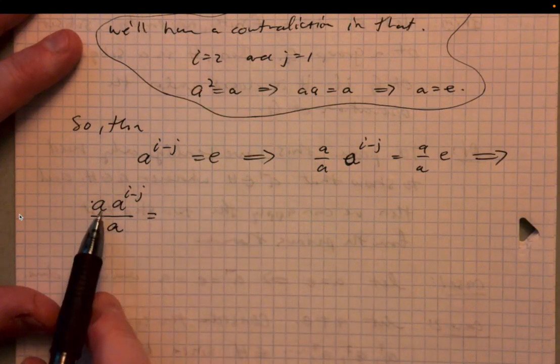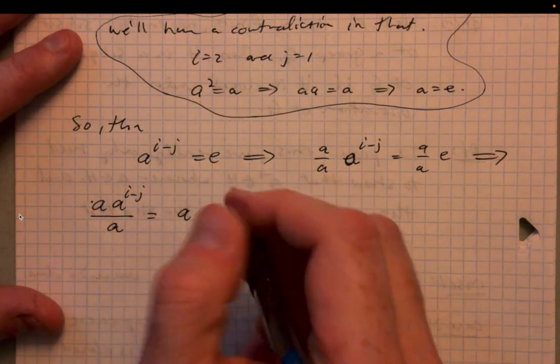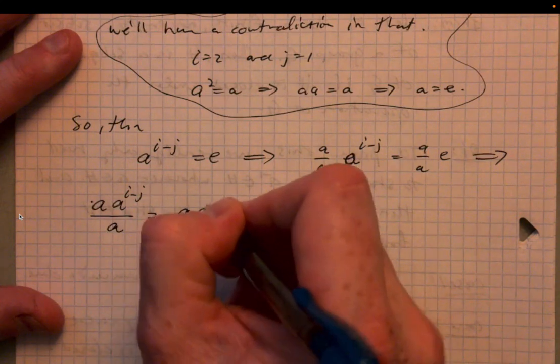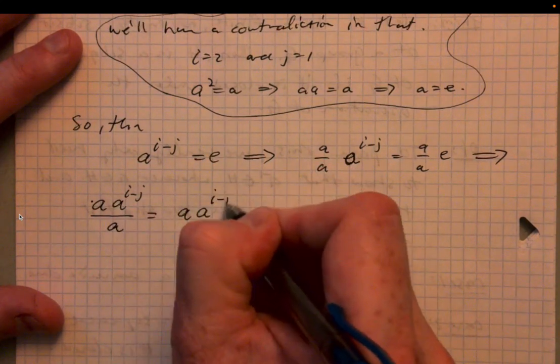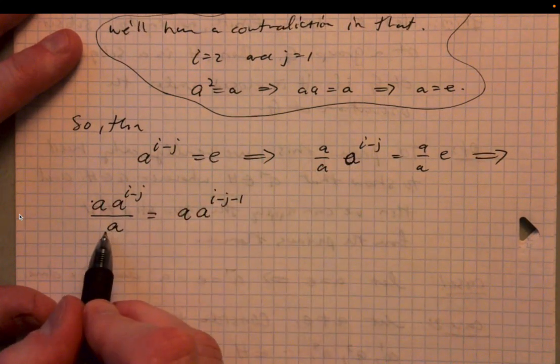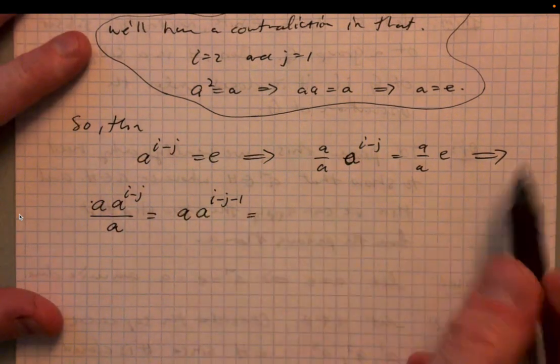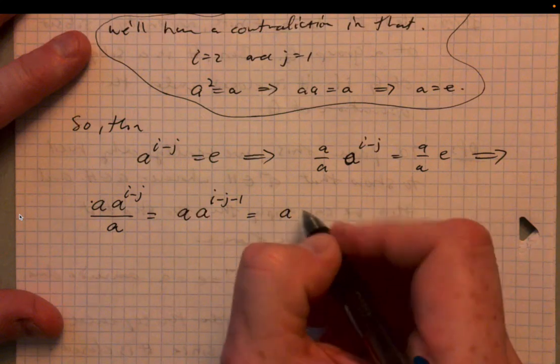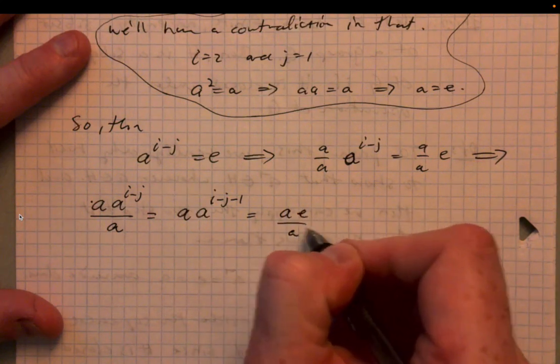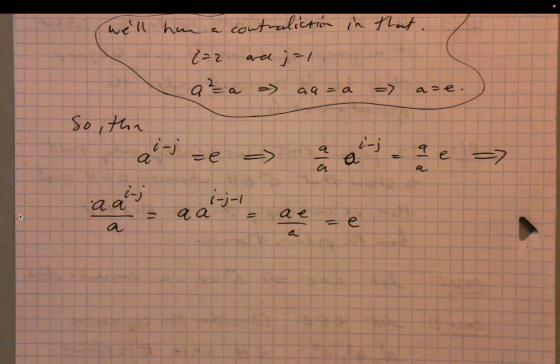That's equal to a times a to the i minus j minus 1. So this guy here just comes up top, minus 1, right? And that's equal to a times e over a, which is just equal to e.